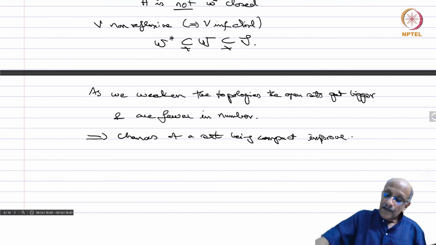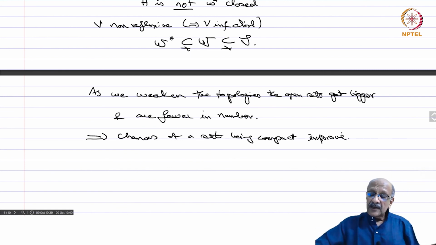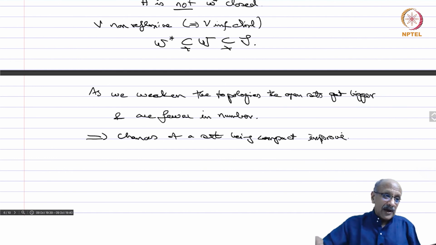So, what is compactness? Every open cover has a finite subcover. So, you have fewer open sets. So, already the open covers come down, and then the open sets get bigger. So, hopefully a finite number of them will cover.